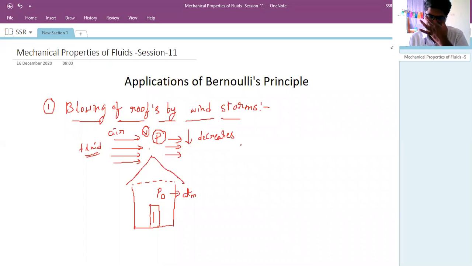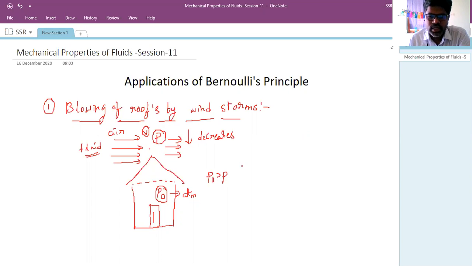The pressure decreases below the atmospheric pressure. Then inside the house or hut there is atmospheric pressure, which will be greater than the pressure on top of the roof.